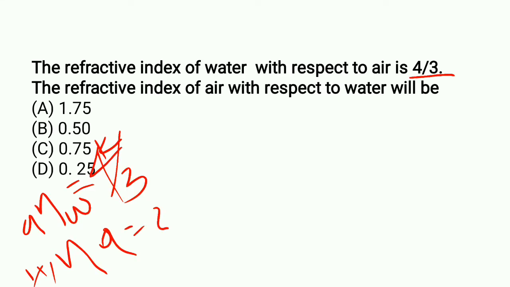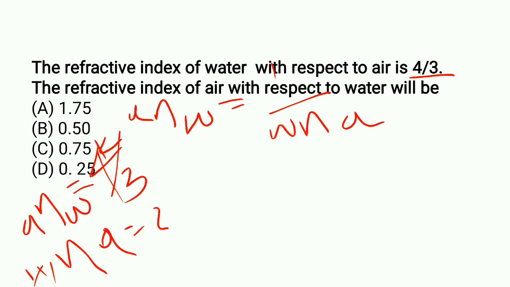Here we know the formula: refractive index of water with respect to air is equal to 1 divided by the refractive index of air with respect to water, right? Here the refractive index of water with respect to air is 4/3. This is equal to 1 divided by the refractive index of air with respect to water.